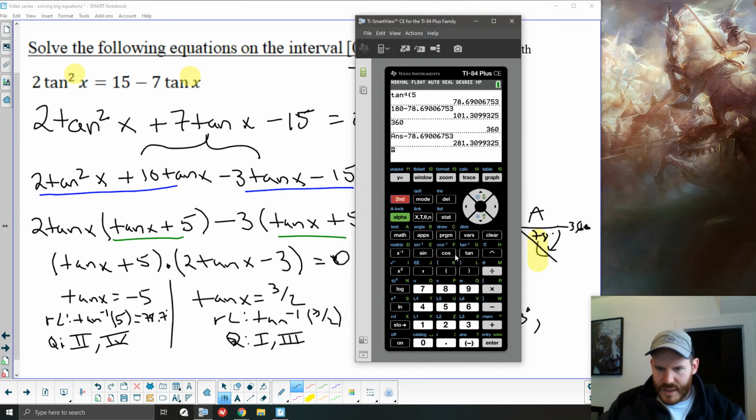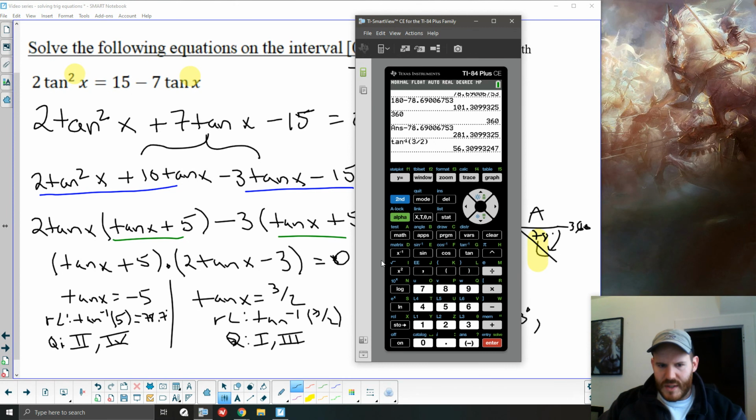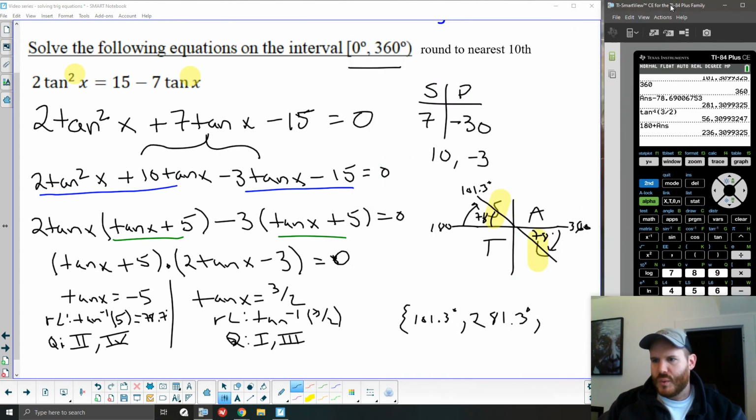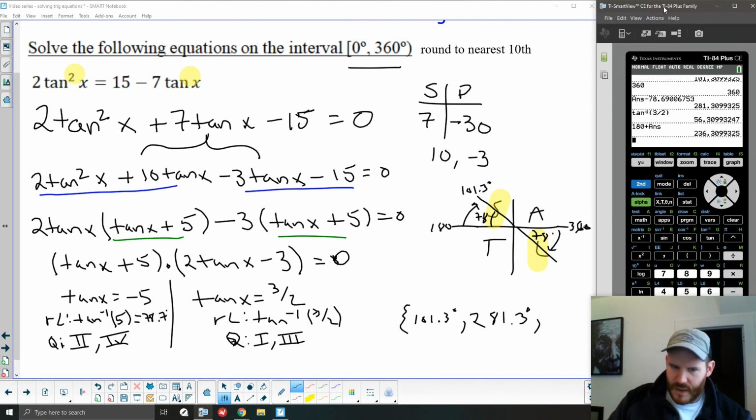I'm going to do tan inverse of 3/2. Gives me 56 degrees. So in quadrant 1, that's 56. And in quadrant 3, that would be that many degrees past 180. So that'll give me my two other solutions from the second set.